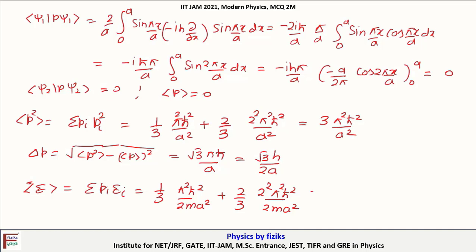So we would have 9 by 3 pi square h square by 2 m a square, that is 3 by 8 h square by m a square.